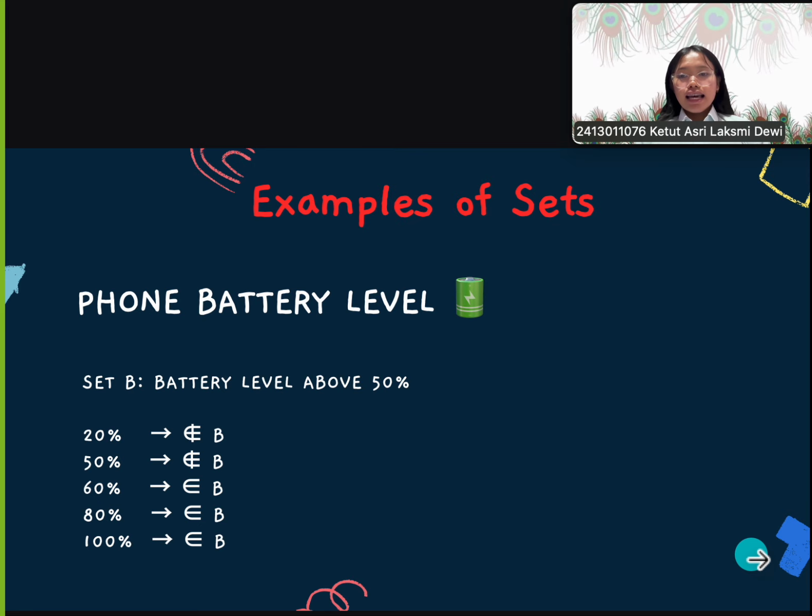Next, examples of set. We define set B as battery levels above 50%.